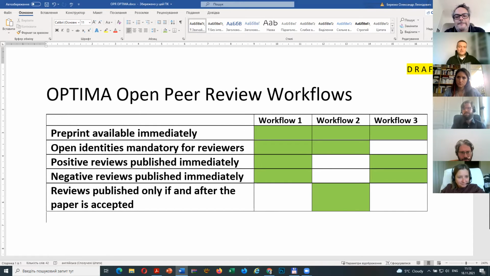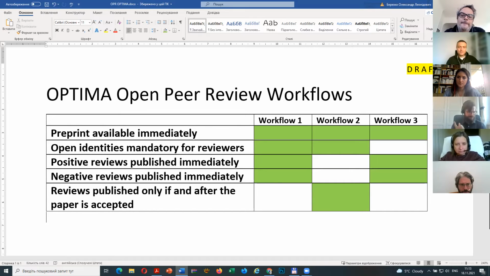To be honest, we are aiming at both tasks. The main idea, of course, is to establish the system and the community around the system, which produces quality peer review, right?